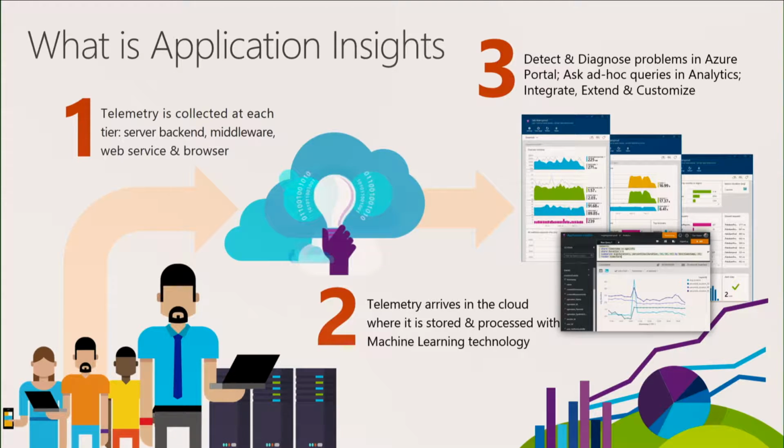You can detect, triage, and diagnose information. You can head on to our analytics portal, where you can ask all sorts of creative ad hoc queries and get instant results over your data. And that's what we are going to talk about today in detail. You can even extend and customize your experience and integrate App Insights with your existing DevOps workflows. And we'll touch base on that as well in a second.